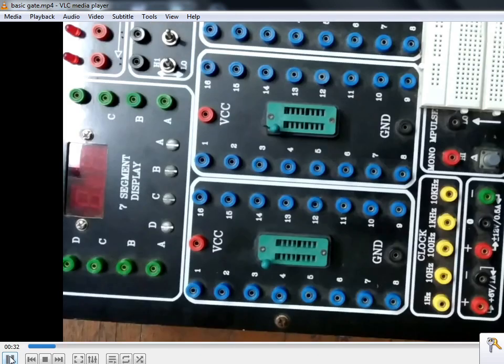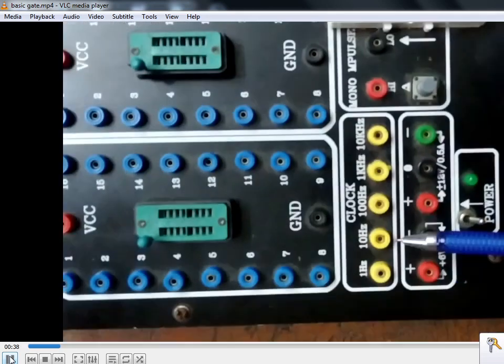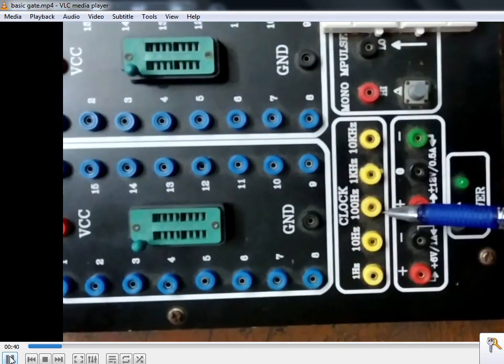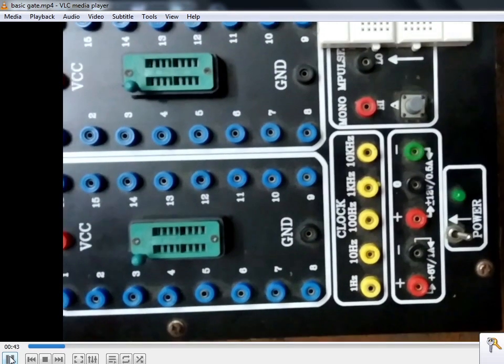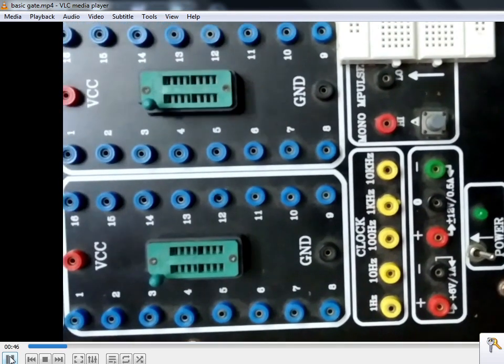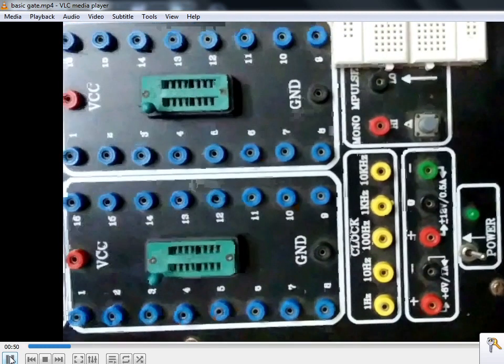This digital IC trainer kit consists of clocks of 1 Hz, 10 Hz, 100 Hz, 1 kHz, 10 kHz, which are fixed and variable frequencies. These are generated by a monostable multivibrator.